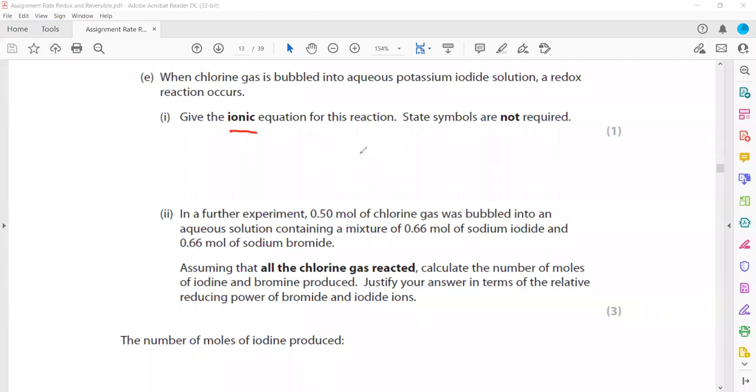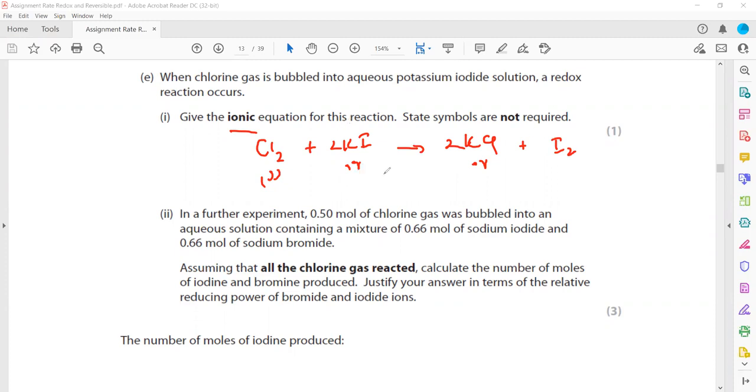First I will write a full equation and then the ionic equation. We have a chlorine molecule and aqueous potassium iodide. I'm writing the balanced equation at the same time. Chlorine is more reactive, so chlorine will displace iodine. It will form aqueous potassium chloride plus an iodine molecule.